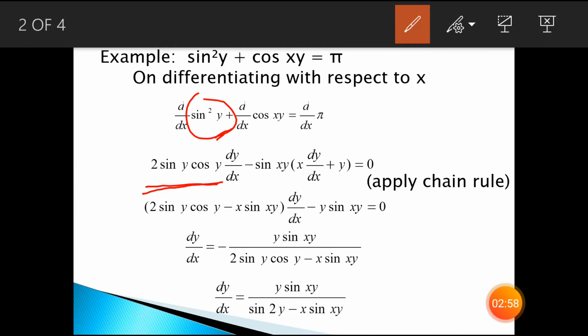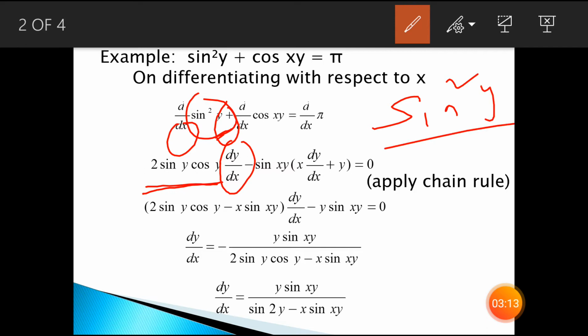But we are differentiating with respect to x and the variable was y. So we have to redifferentiate y with respect to x. So we will get dy upon dx. So just imagine what we are doing. This is what you are differentiating: sin square y. First of all, as it is not the original standard function, we will imagine that it is x square and differentiate it, then we will get 2x.